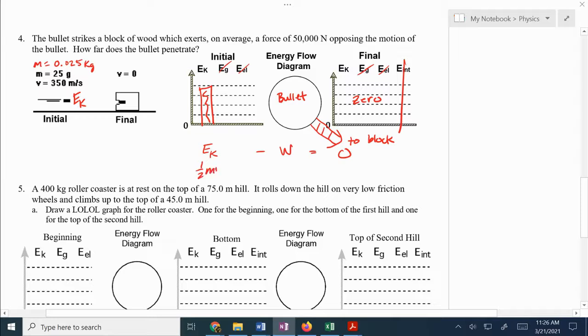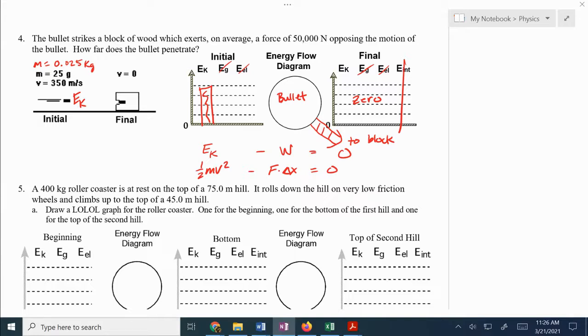Kinetic energy is 1/2 mv squared. Work is force times distance. You can look that up in the physics journal about work. You can see that that's one of the equations for work.